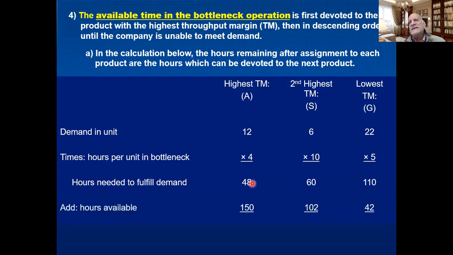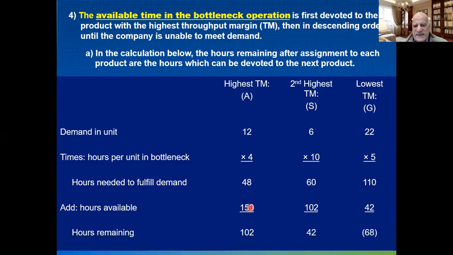And as mentioned in the example, the firm has 150 hours as a determinant factor. So when we use 48 hours to produce all the quantity required of product A, we will have the rest.